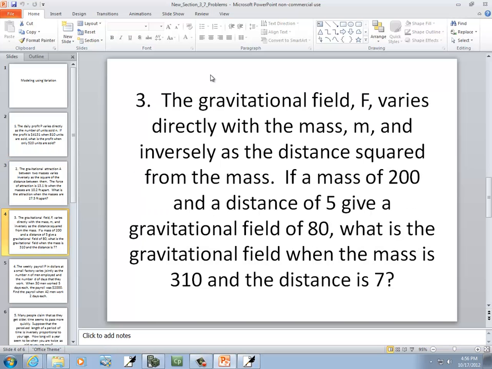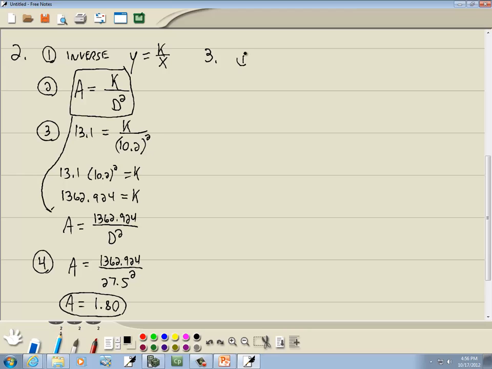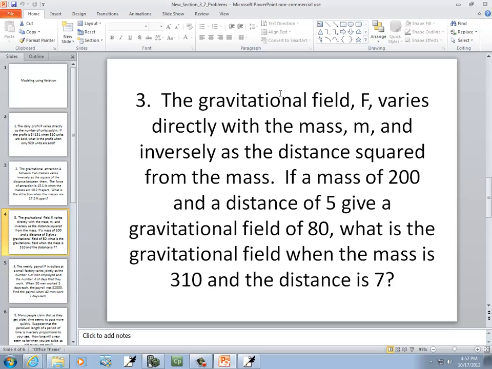Let's take a look at our third example. The gravitational field F varies directly with mass m and inversely as the distance squared from the mass. So this actually says direct and inverse. This is a combo. And combos, pretty much as you read them is how you write them down, picking variables that make sense. So gravitational field F varies.